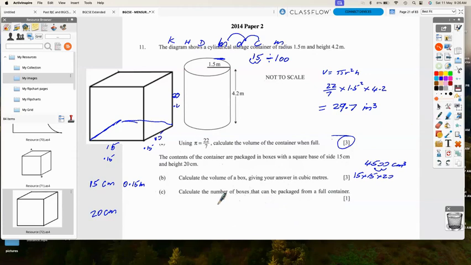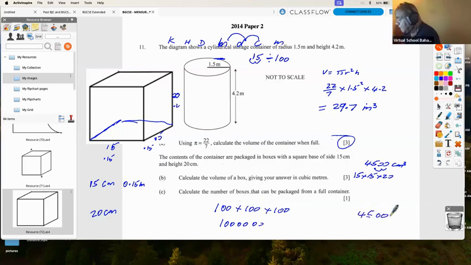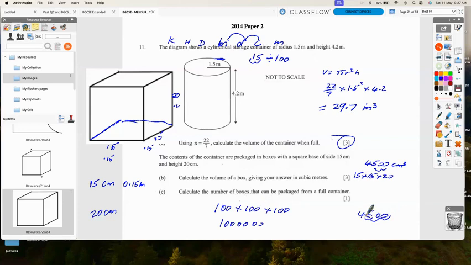I still got 45. I still got 45. I get 45 too.